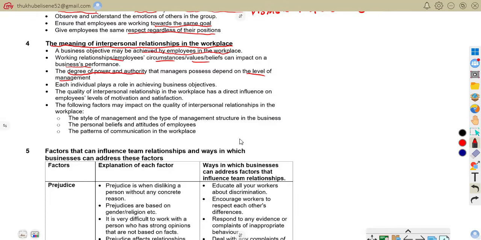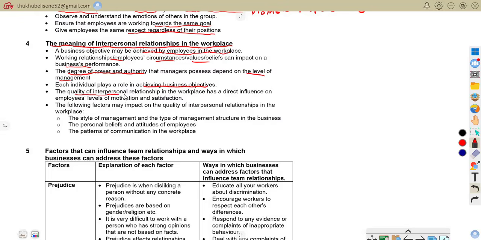Each individual plays a role in achieving business objectives. Everyone contributes to goals. Even a receptionist adds value by creating a good first impression.